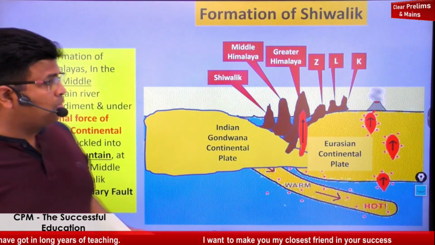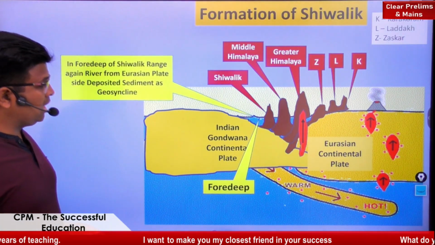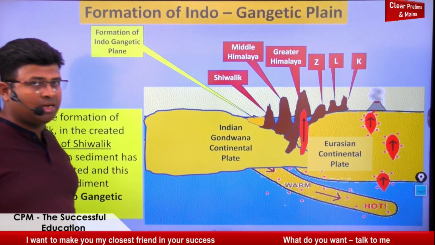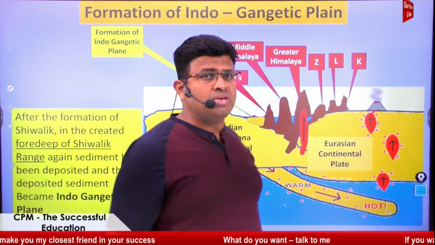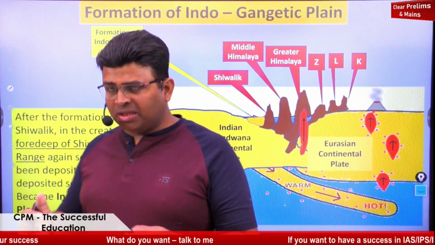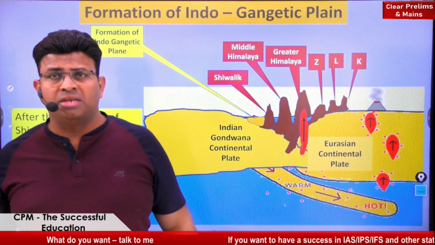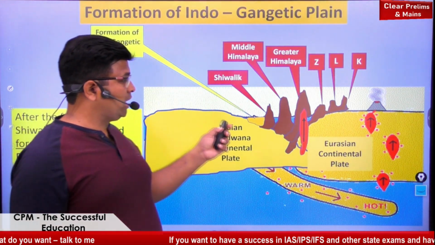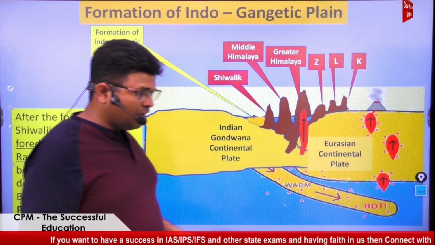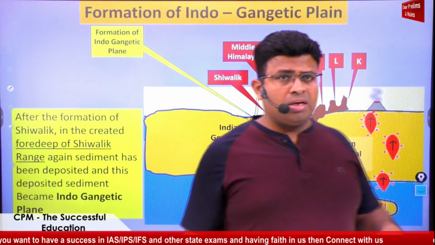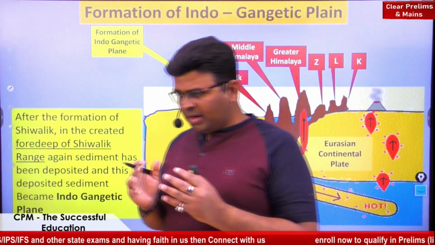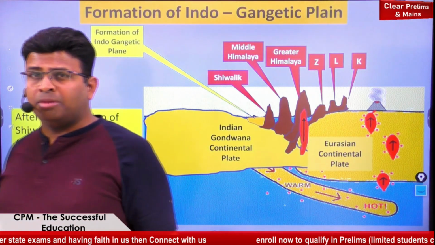Again the river deposited its sediments, and now in this foredip the river-deposited sediment became the Indo-Gangetic plain, in the region of Punjab, Haryana, UP, Bihar, West Bengal, Assam, where the river has deposited sediments and it became the Indo-Gangetic plain. I think you are able to understand very easily how the different Himalayas and then Trans-Himalayas have come into existence.